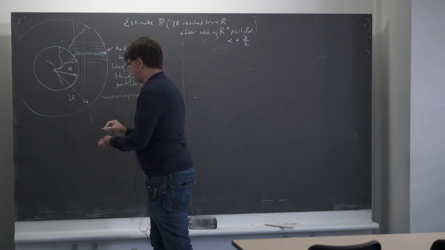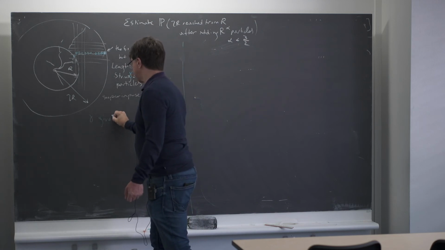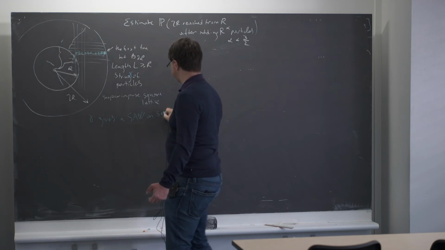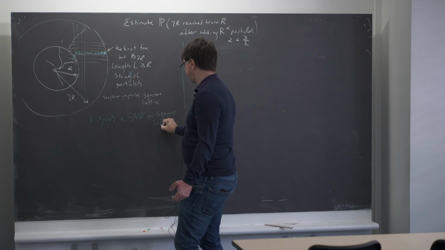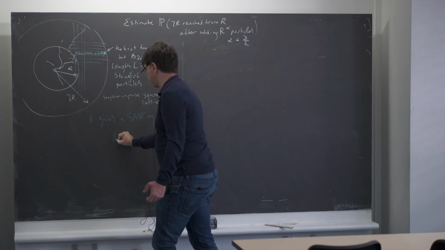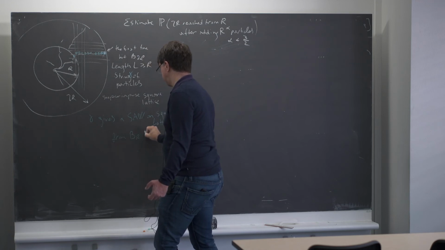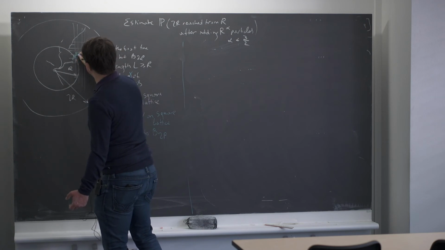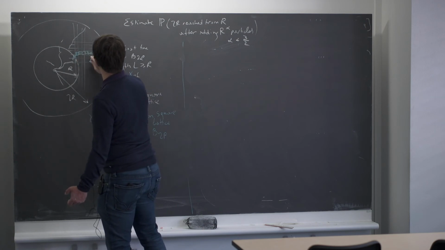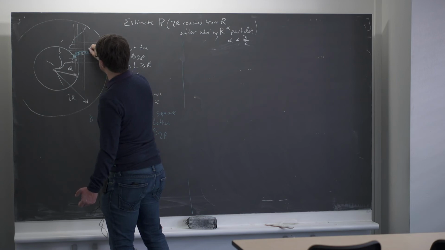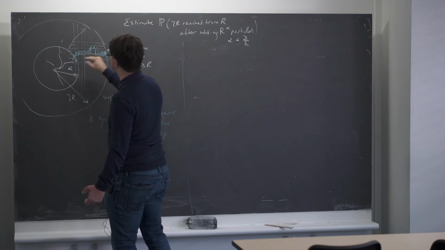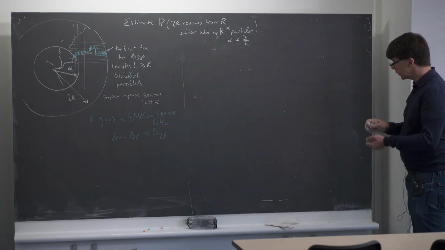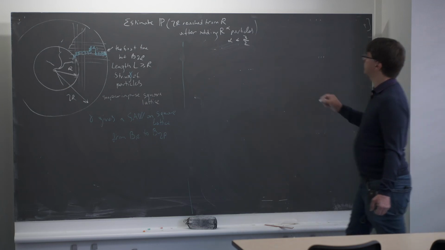Gamma gives a self-avoiding walk on the square lattice from BR to B2R. So we can view it as a sequence of steps on this lattice. It's some sort of discretization. And now I can estimate my probability.